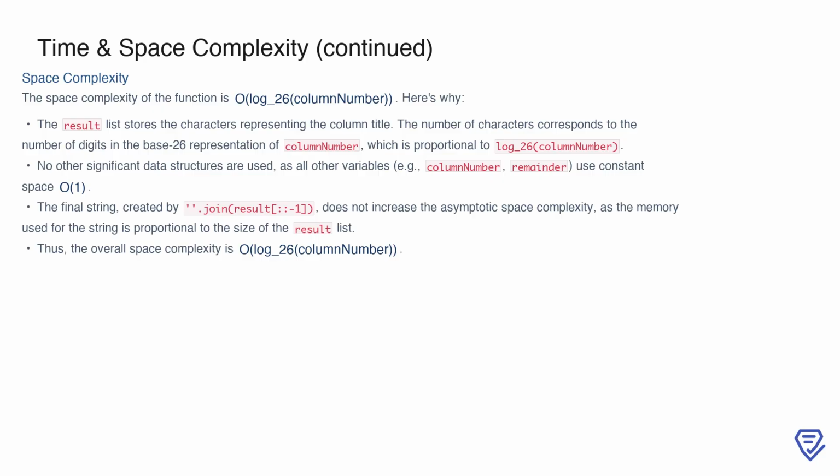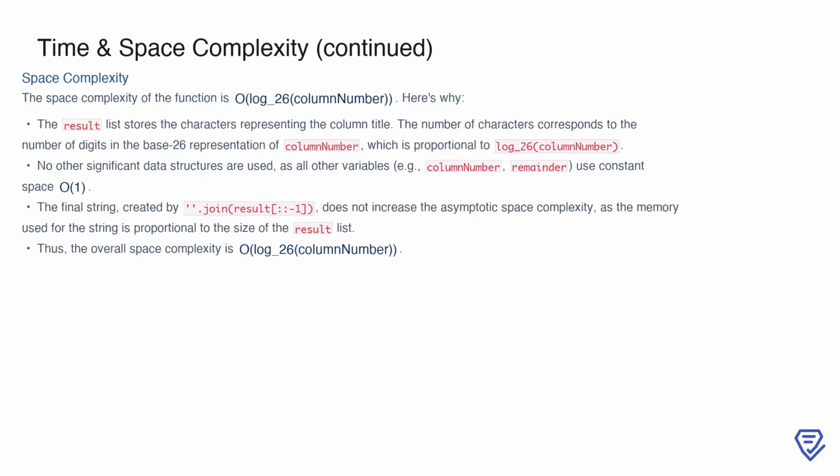Apart from the result list, the function uses only a few variables, such as column number and remainder, which require constant space, 1. Even when we convert the list to a string using .join, result, ::-1, the memory used is proportional to the size of the result list and does not change the asymptotic complexity. Therefore, the overall space complexity remains log_26, column number, as the storage required scales with the number of base 26 digits in the input.